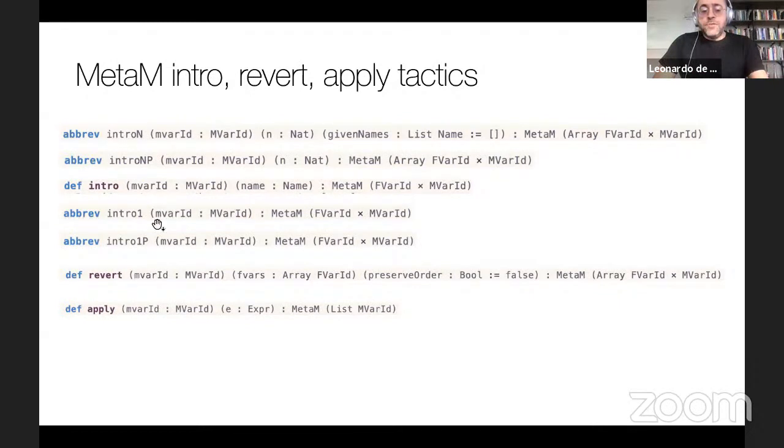And this is quite useful when you're doing the revert intro idiom, right? You're going to revert things, and now when you introduce them back, you want the names to be preserved. So when you're using the revert intro idiom, you probably want to use the tactic introNP here. And you have the case where you want to introduce only one variable and so on.